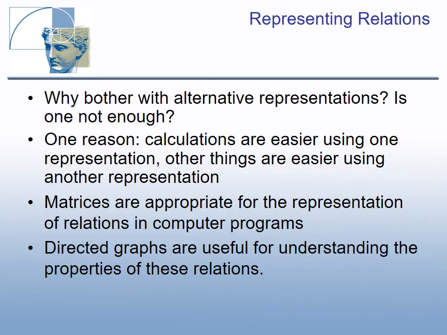Is one not enough? One reason is that some calculations are easier using one representation, while other things are easier using another. Matrices are appropriate for representing relations in computer programs, but directed graphs are useful for understanding the properties of these relations.